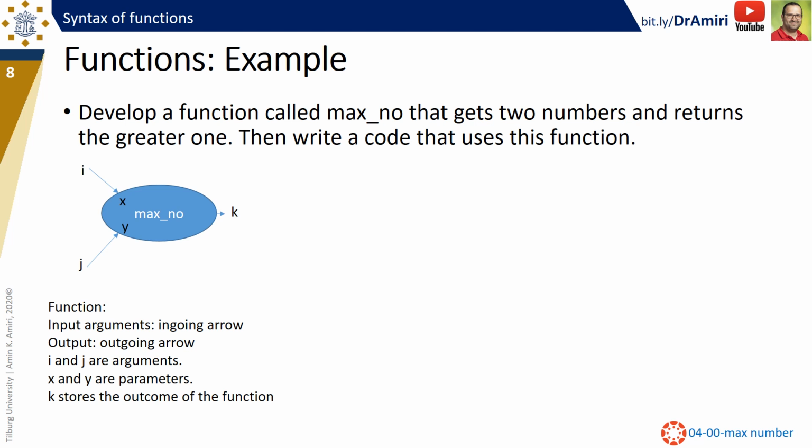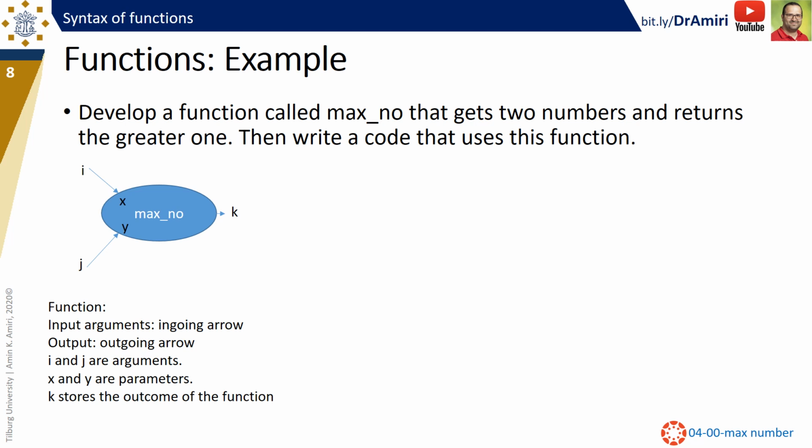A function is shown by an oval that has a name, here max underscore no. The ingoing arrows show the input arguments, and the outgoing arrows show the output of the function.